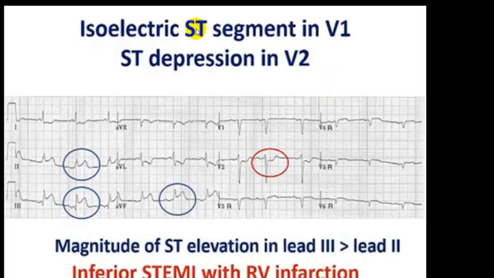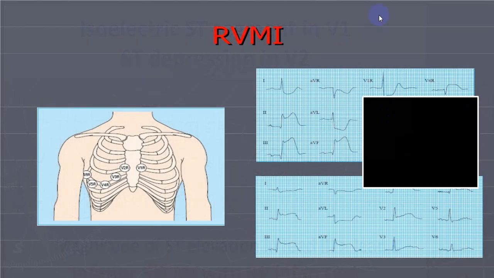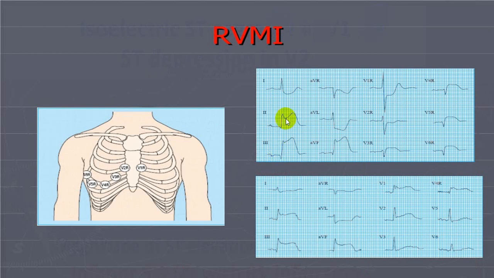But if you get an ST segment which is isoelectric in V1 and there is an ST depression in V2 and there is an ST elevation in V4R, it will be inferior wall STEMI with RVMI. So this is straight inferior wall, 3 more than 2, and if you get a tall R wave, ST segment elevation in V4R, you can see here V4R, V5R, V6R.